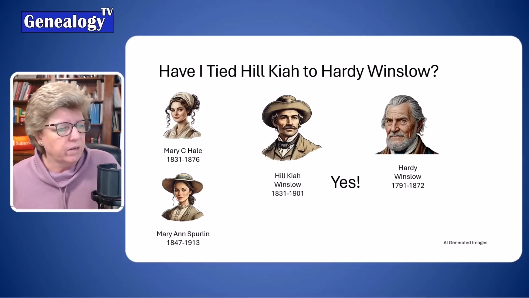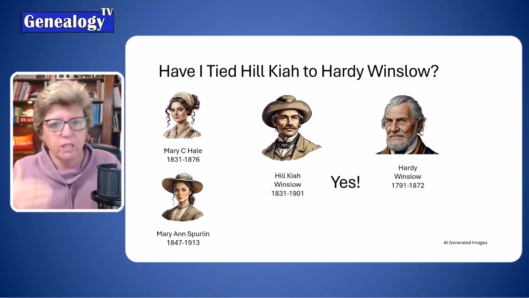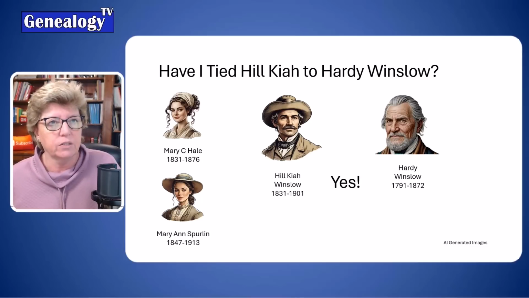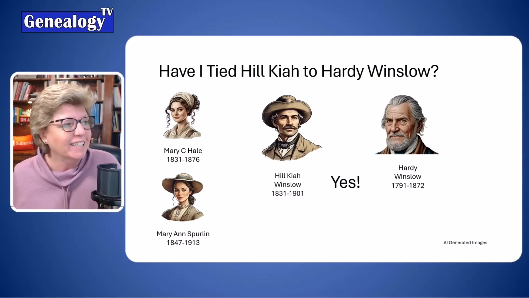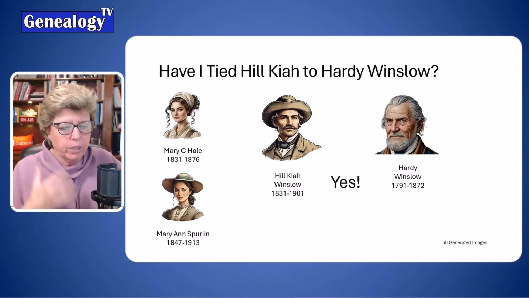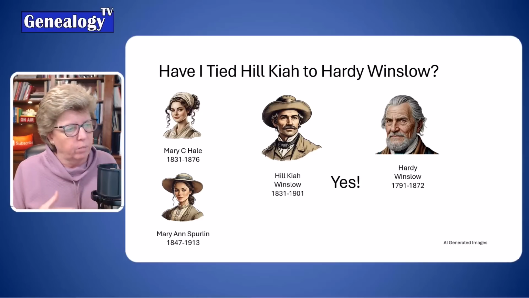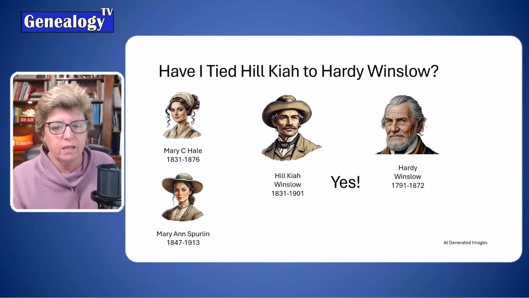He marries Mary Ann Spurlin. Again, I'm not going to go through all of the little details because it would take us 3 hours of conversation here. But this is kind of why putting all this together in research notes and a couple special projects helped me to determine that the Mary... Now, if you think about it, these women marry him, they become Mary Winslow.